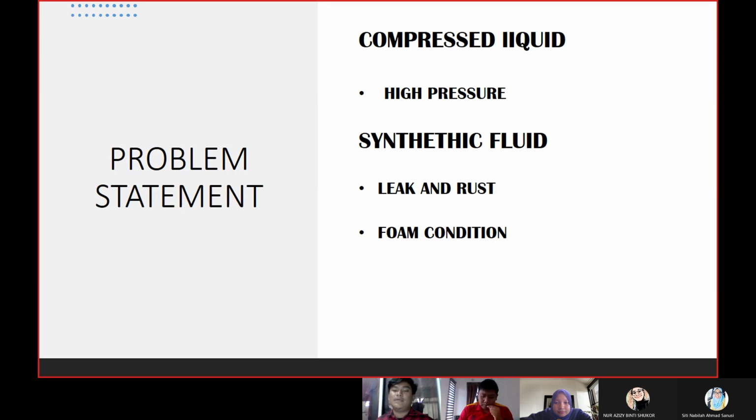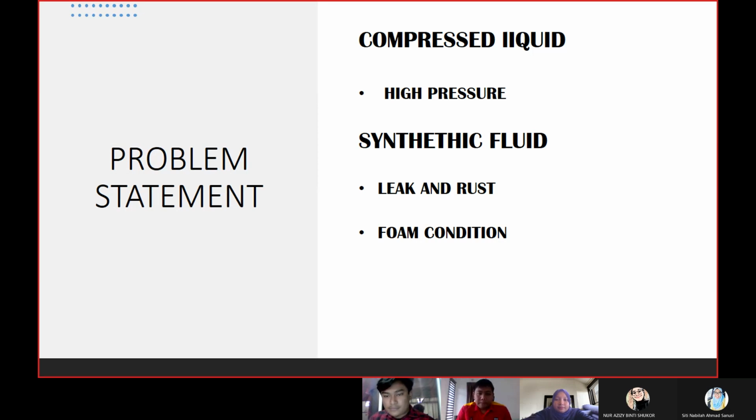This is the problem statement that we have. The first one is compressed liquid, which has high pressure. High pressure inside the cylinder can turn a damaged cylinder into an uncontrolled rocket and can cause severe injury. The next one is about synthetic fluid.